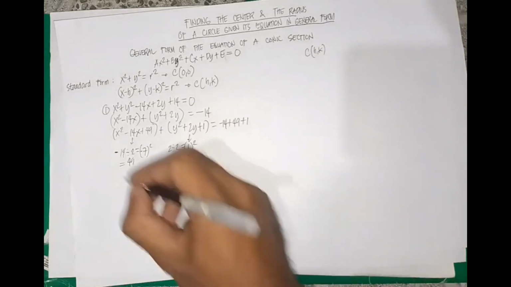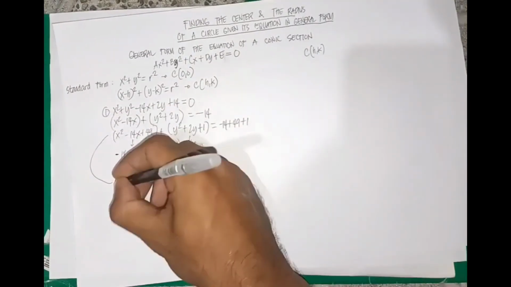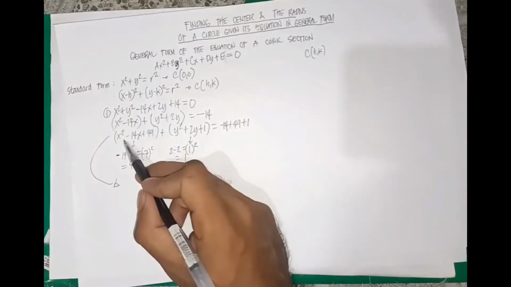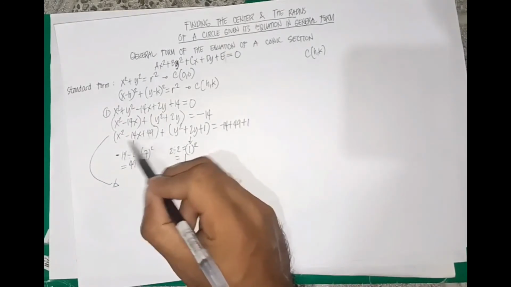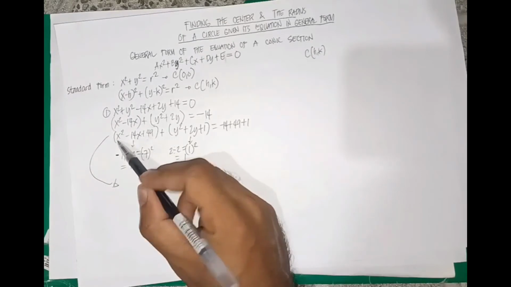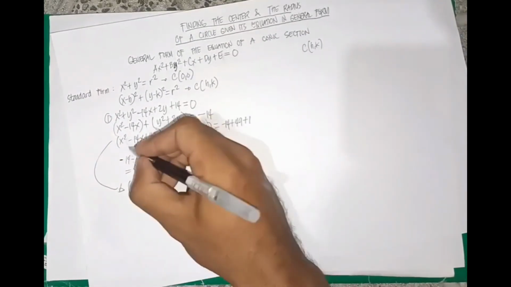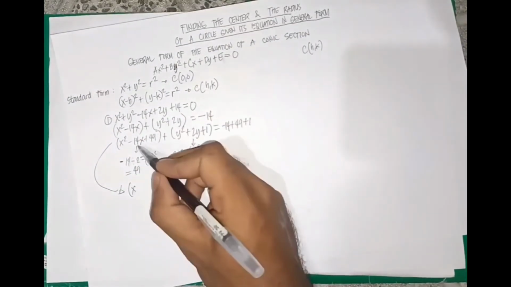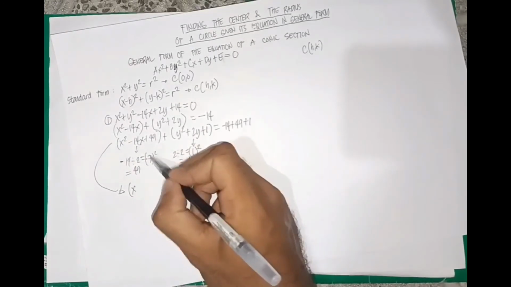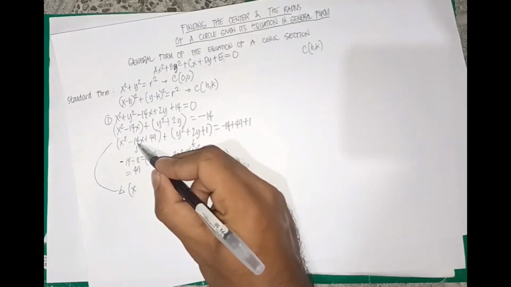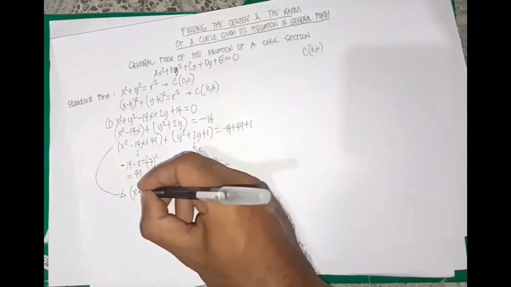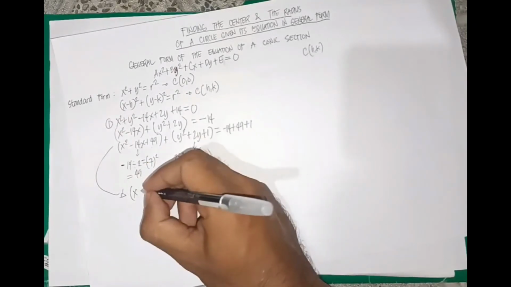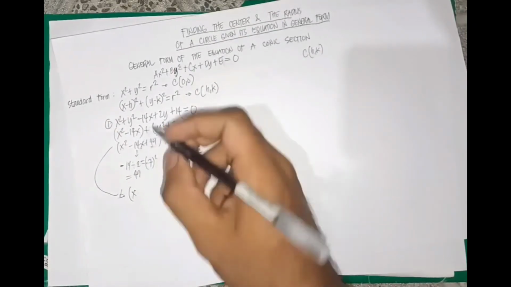Next, we're going to proceed with this one. This is a perfect square trinomial, so we're going to make this a square of a binomial. The square root of x squared is x, and half of the middle term, negative 14, will be the next term, or the square root of the last term.